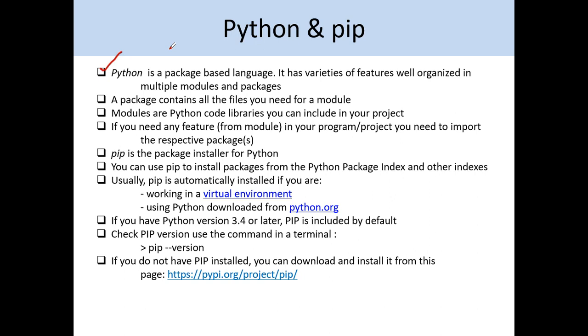So for that purpose, you have to know which packages you need for your project. You have to download those packages from the internet and install them into your Python folder.